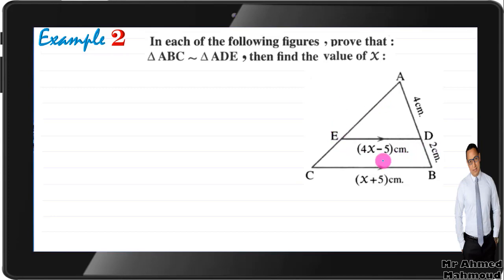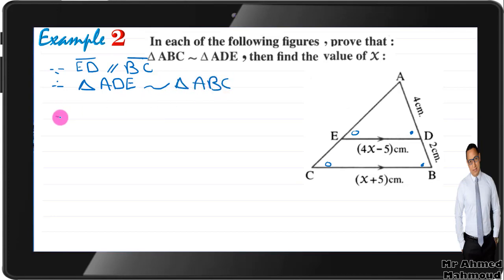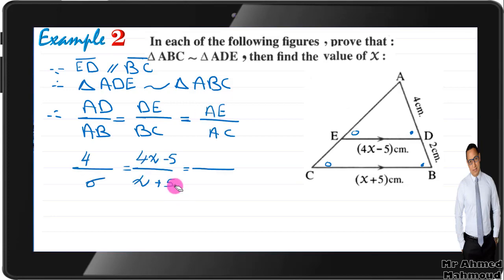Now we have ED and BC parallel, so angle D equals angle B, and angle E equals angle C. Since ED is parallel to BC, triangle ADE is similar to triangle ABC, therefore AD over AB equals DE over BC equals AE over AC.